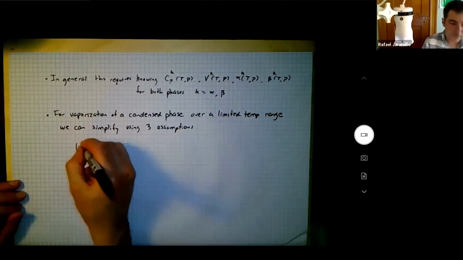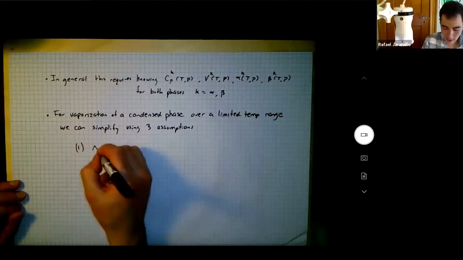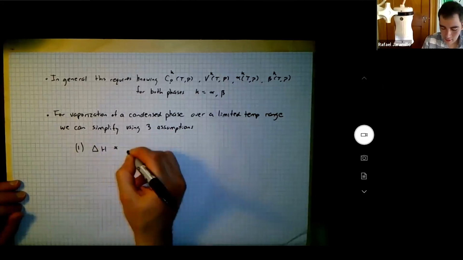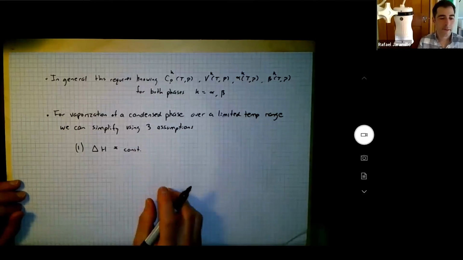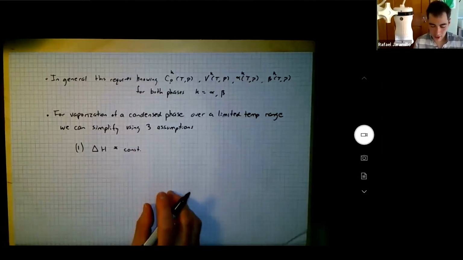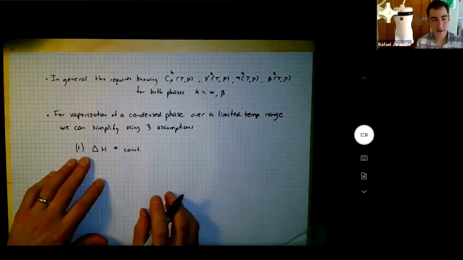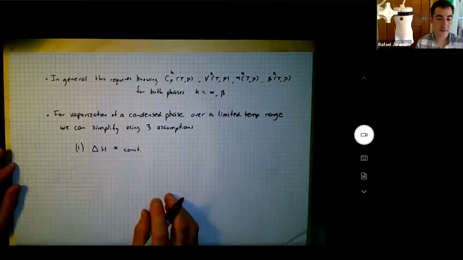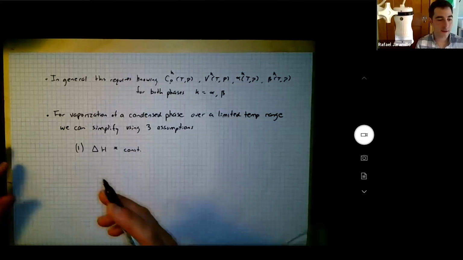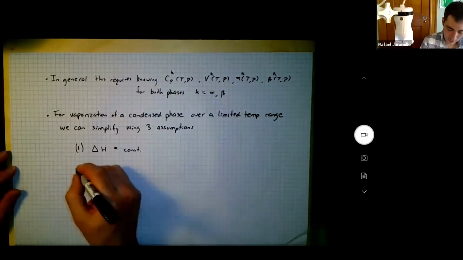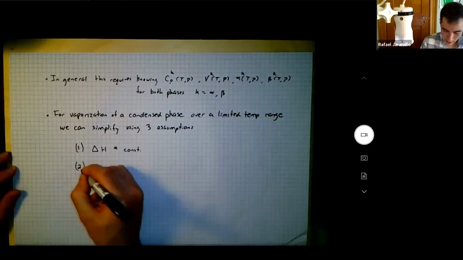One, we're going to say delta H is approximately equal to a constant. That's probably the worst approximation. We don't know if it's good or not. We're just going to go with it. If delta H is a constant, I don't need to do all that heat capacity integrating and so forth. It's just a number.